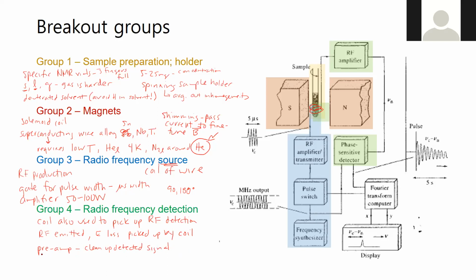And then the preamp sends the signal to the phase sensitive detector. So the idea in the phase sensitive detector is that even though these RF frequencies are detected, to be able to digitize them, you need to compare them to a reference frequency. That reference frequency, I'm not sure if it's a Larmor frequency or it represents the TMS that was explained last time.